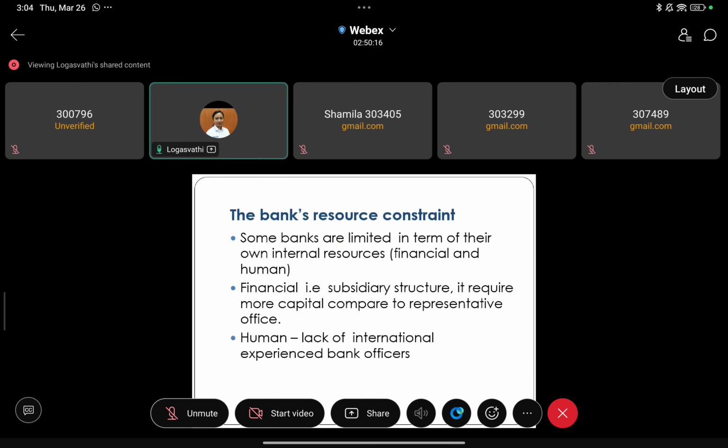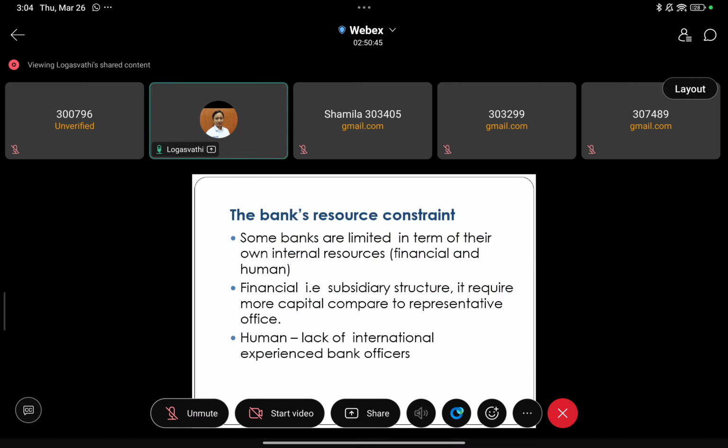Because if you want to open a branch, or at least a representative office, in another country, you need staff who can understand the language, deal with the people over there, and cope with the culture. So the bank needs someone with the skill, experience, and knowledge to work in that international country.